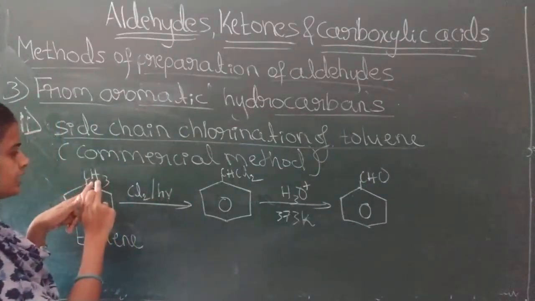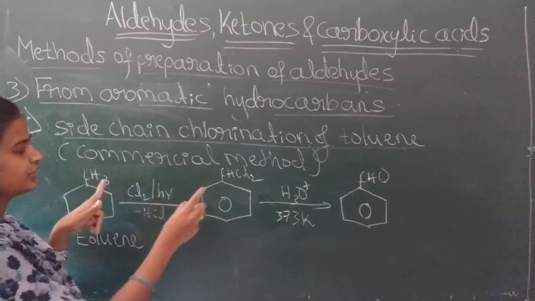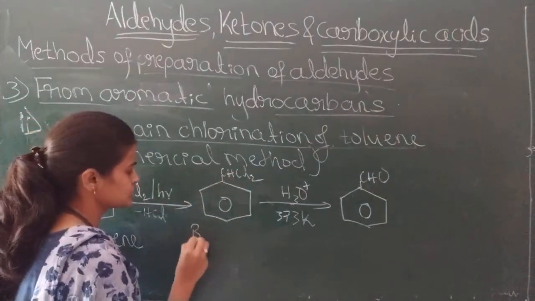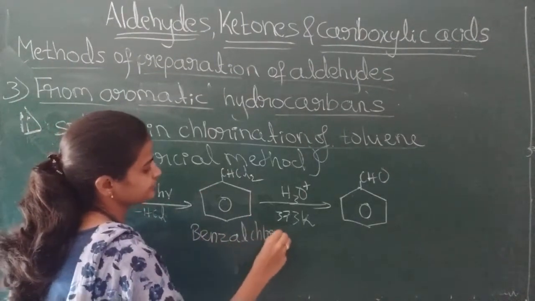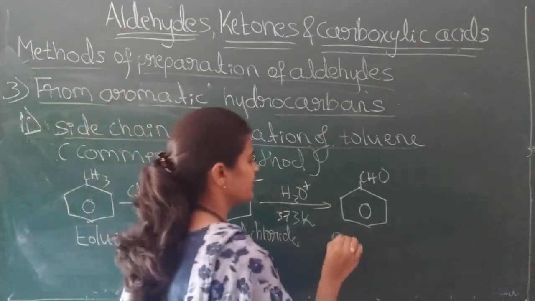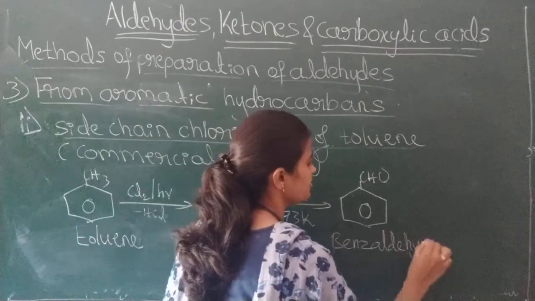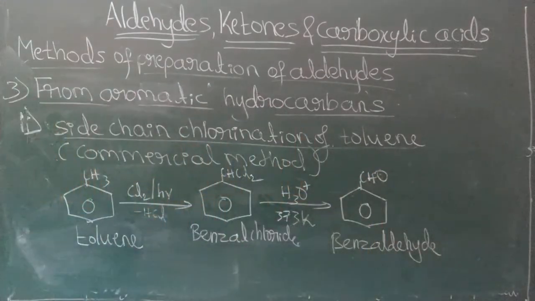Okay, H and Cl will get eliminated, so HCl will get eliminated to form CHCl2. C6H5CHCl2 is known as benzal chloride, which on acid hydrolysis gives benzaldehyde. This is the commercial method for the preparation of benzaldehyde. Remember.